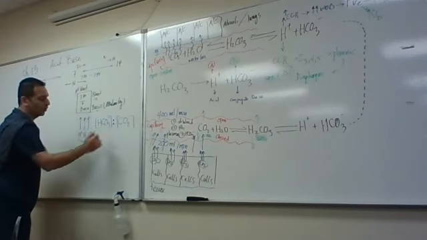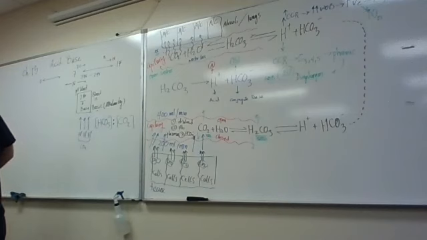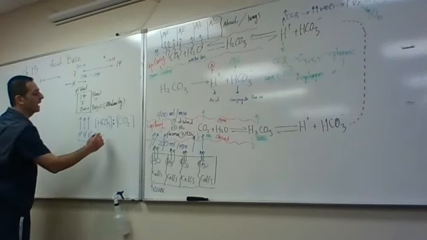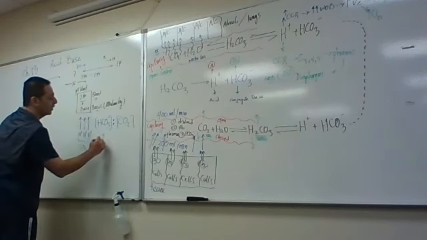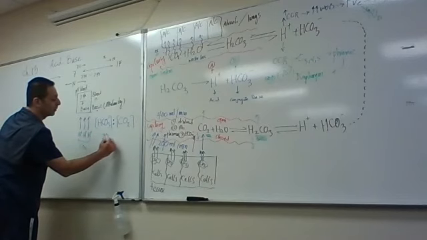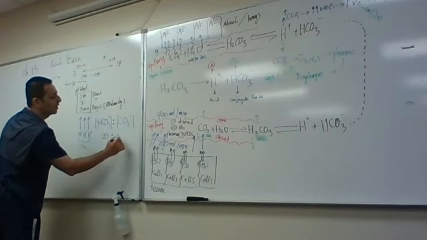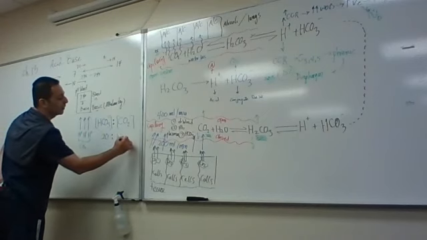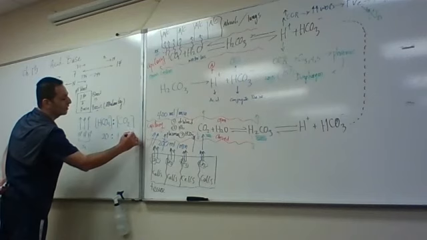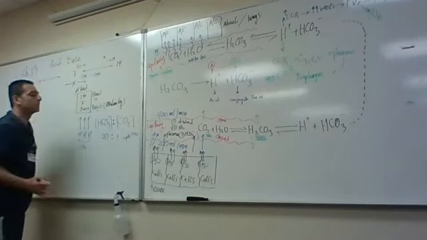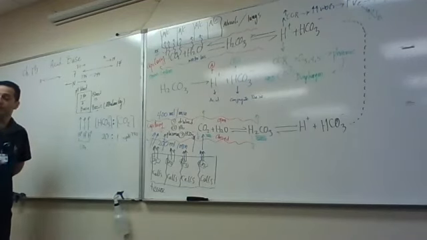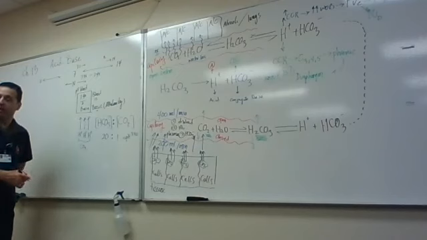This ratio, according to our book, is 20 to 1. As long as we have 20 bicarb to 1 CO2, then pH is 7.40. If this changes, then we have a disturbance.